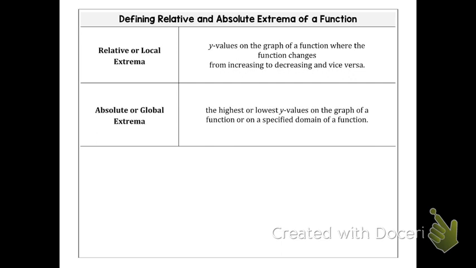So absolute is the highest or the lowest point of the entire graph, and relative or local extrema is more like you're looking for a hilltop or a valley, and sometimes an endpoint, okay? So there's the difference. Remember, global is like the globe, it's the world, it's all. Same thing with absolute, that's all. So it's the highest point of all or the lowest point of all.